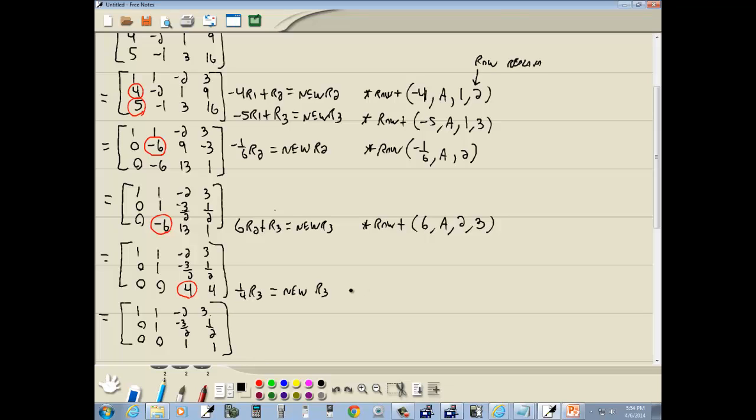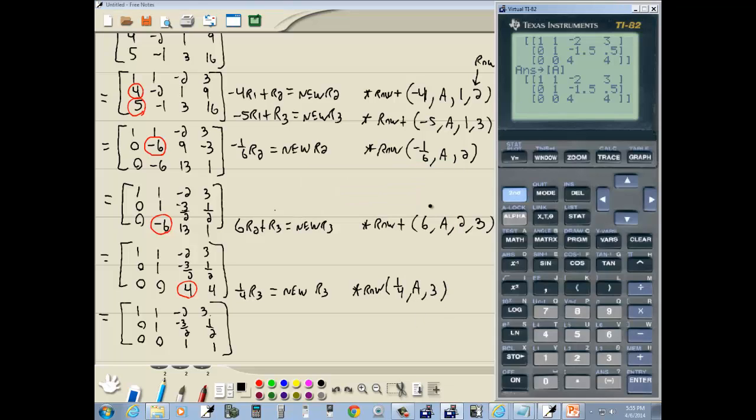To do this on the TI-82, we're going to do an asterisk row, and then 1/4. That's what we're multiplying it by, and we're working with A, and then comma, and then which row, which would be 3. Okay, so I'm going to do matrix, right arrow to math, down arrow. Okay, it's this one.